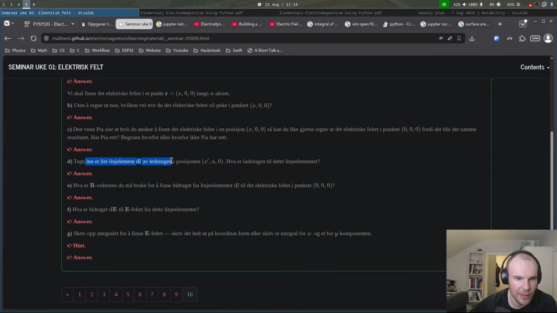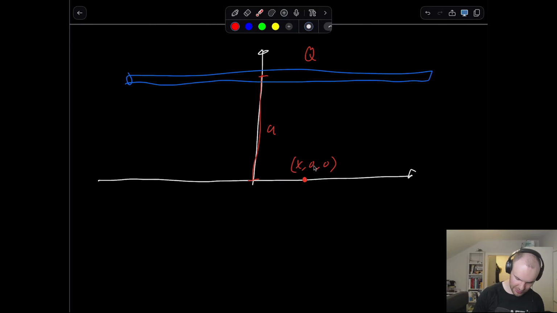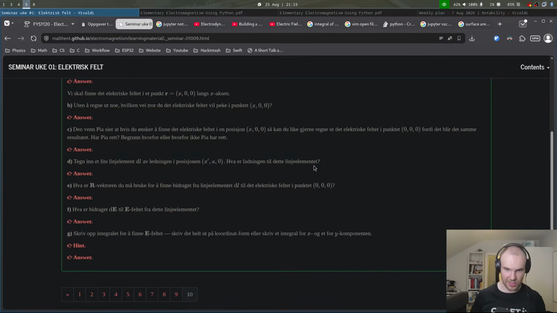Draw a line segment dL from some position. What is the charge for this line segment? Okay, so we have some small line segment, dL, here.